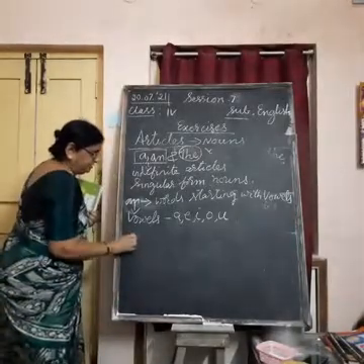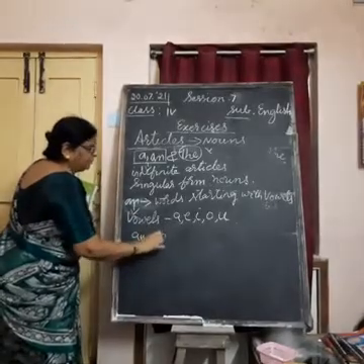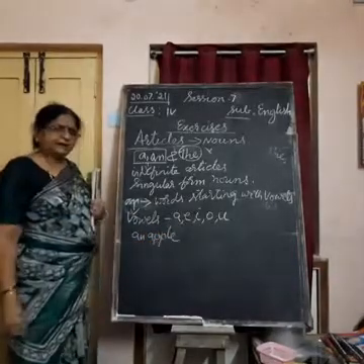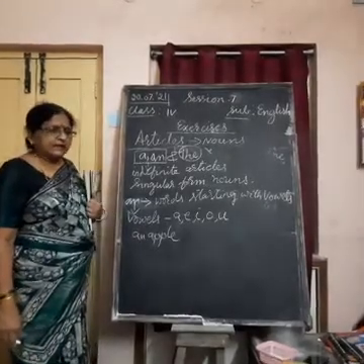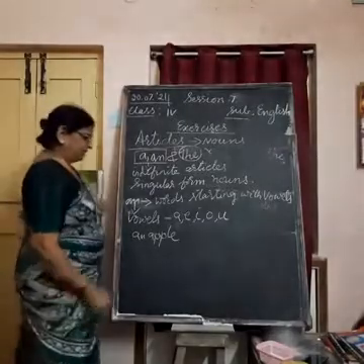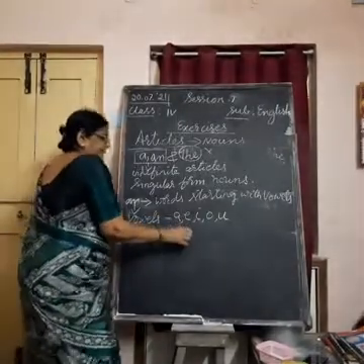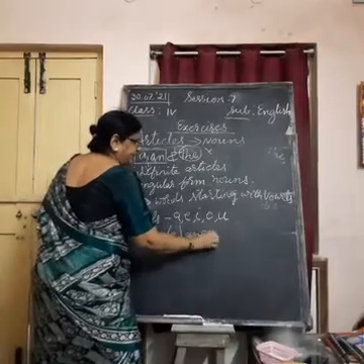Apple. And we are talking about singular only, not plural. An apple we say. An axe. An ass. An ant. Okay. E: an egg. An elephant. An eagle.